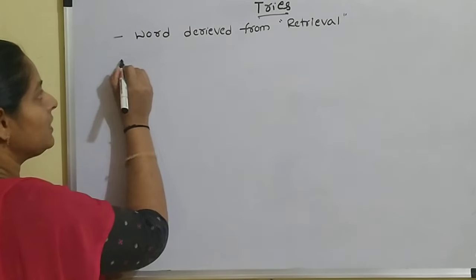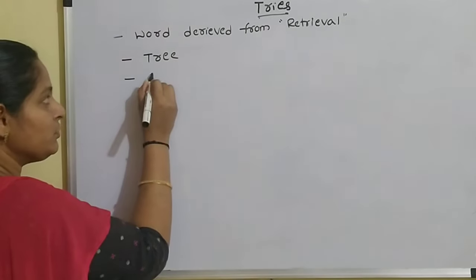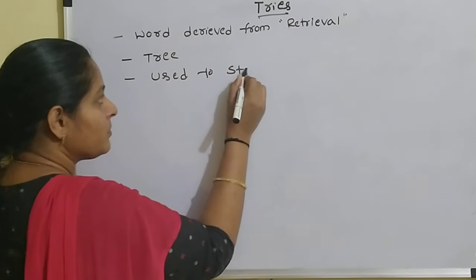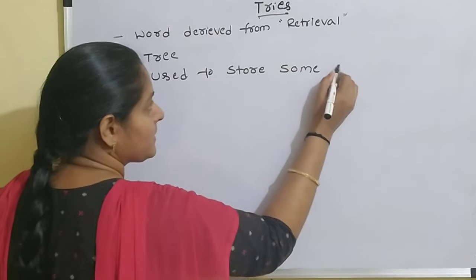First of all, a trie is a tree data structure and it is used to store some set of strings.